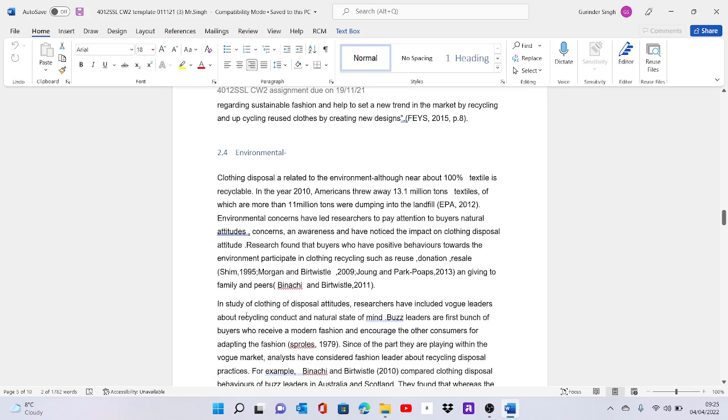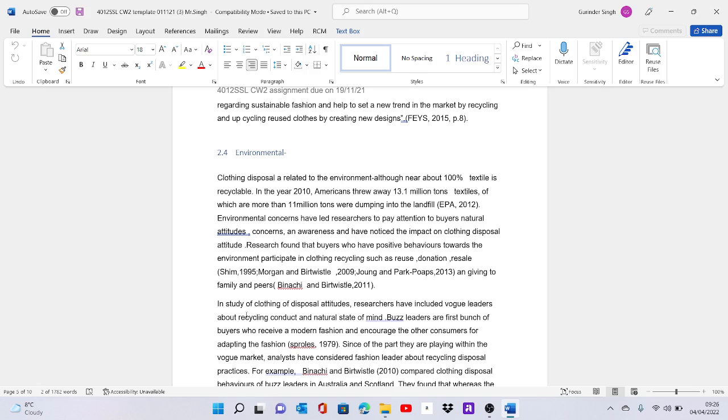Environment. Clothing disposal is related to the environment, although nearly 100% of textile is recyclable. In the year 2010, Americans threw away 13.1 million tons of textile, of which more than 11 million tons were dumped into the landfill.